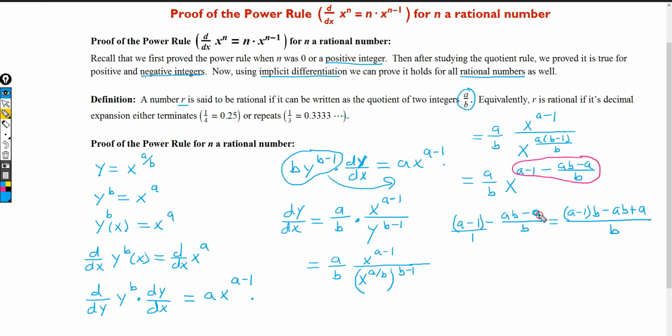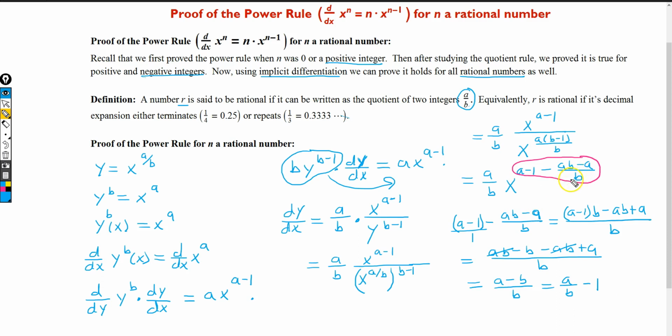Notice that we wrote the minus a as plus a here. Now this simplifies, these cancel, and we end up with a over b minus b divided by b. When we split this fraction apart, we have a over b minus b over b, which is 1.